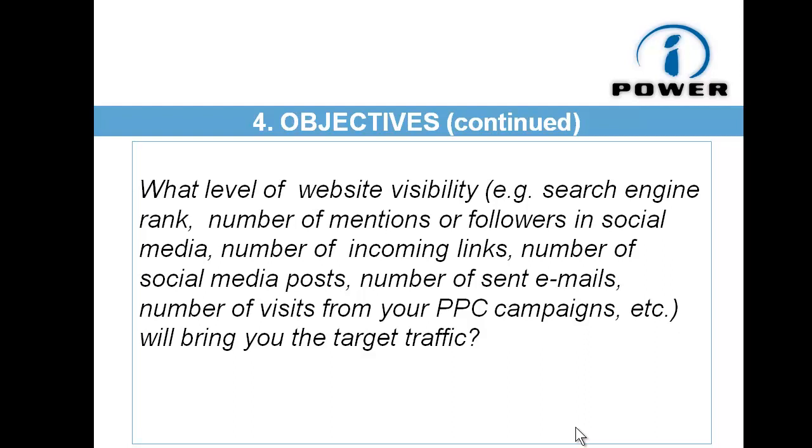For example, you might want to be among the top 10 results on Google search engine rank, or you might also need a certain number of mentions and followers in social media, number of incoming links, number of social media posts, number of emails that you plan to send, number of visits from your PPC campaigns, etc. So this is where you set your promotional objectives that will lead you to 25,000 new visits every single period.